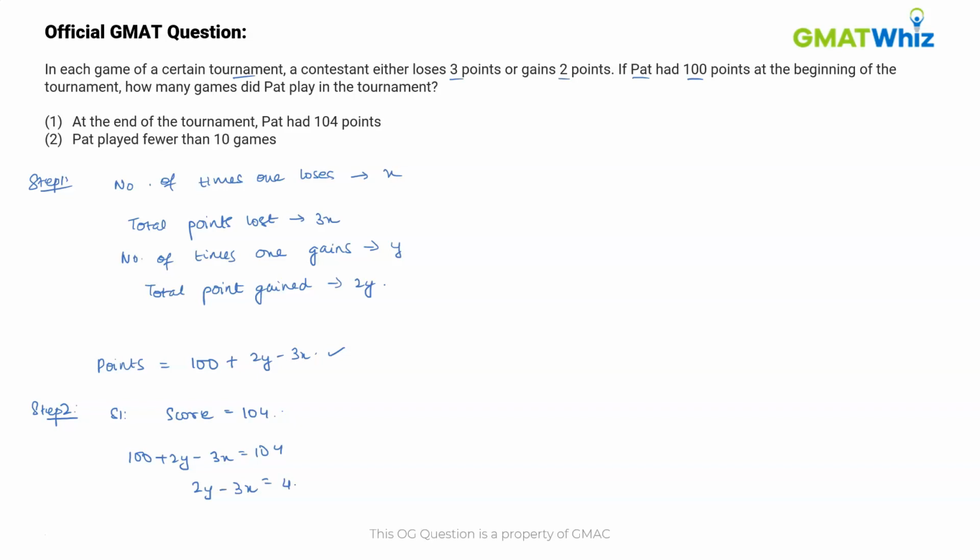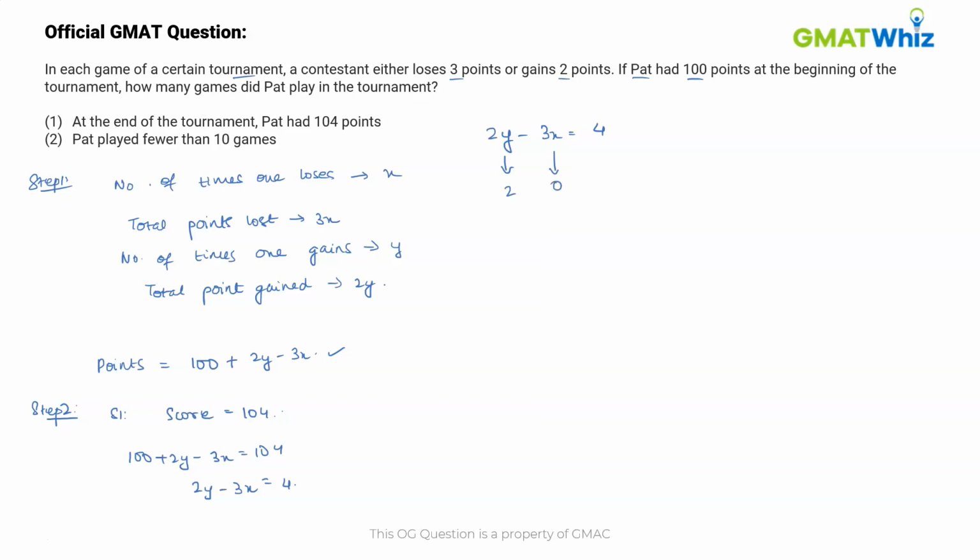Now we have just one equation and it is not possible for us to find out the values of x and y. However, if we find one value of x and y by hit and trial method, we can see that one of the values that we get is y equal to 2 and x equal to 0.